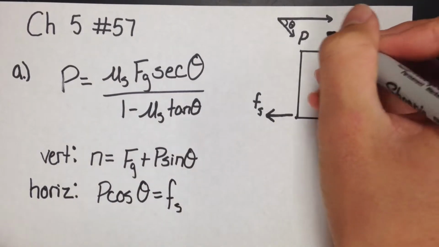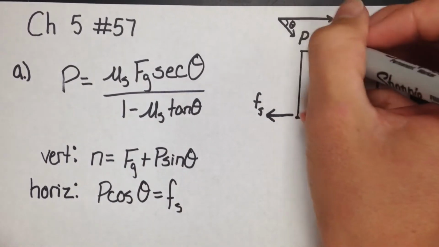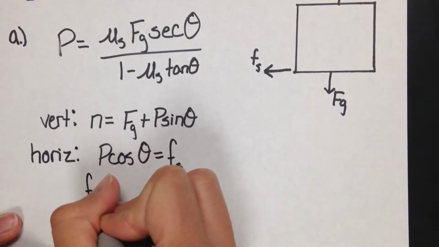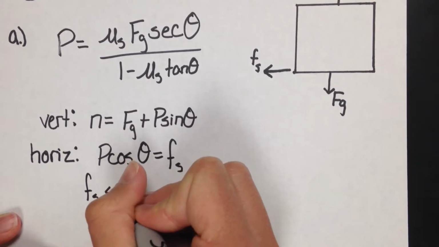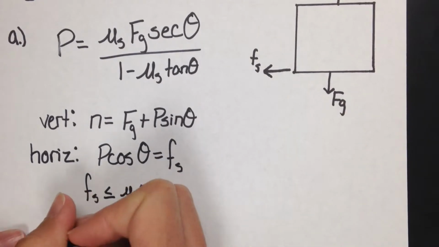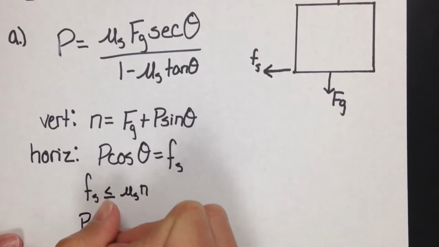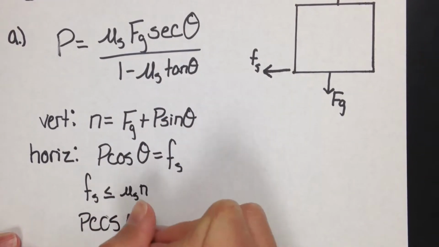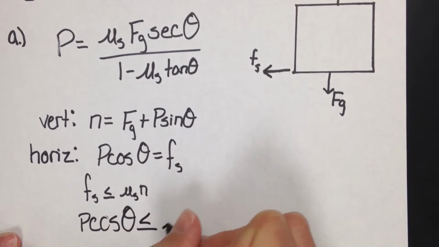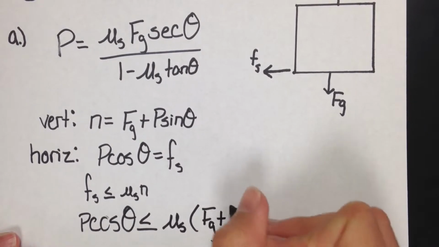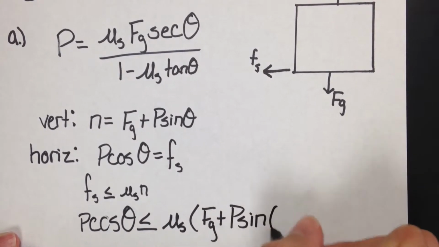And the cosine theta accounts for the horizontal part of the P. So we know that the frictional force has to be less than or equal to mu sub s times N. So we can substitute in to get P cosine theta is less than or equal to mu sub s times Fg plus P sine theta. And that's just from right here.